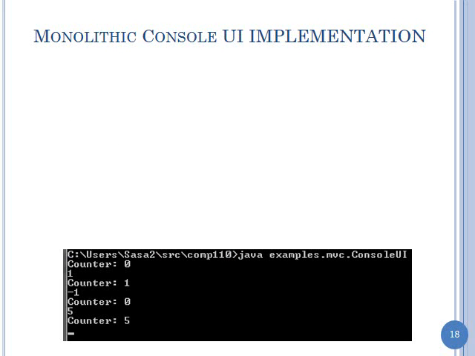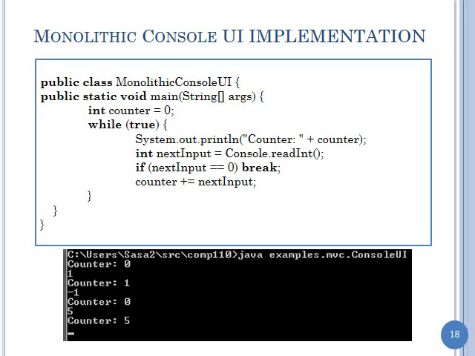So how do I implement? Let's start off small. Let's implement this UI, and you guys can do this in your sleep. If I don't put any constraints on you regarding modularity, we've got a main class with a main method, and I initialize the counter to 0, and I go through a loop which I terminate when I get 0.